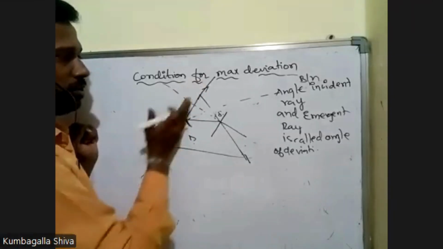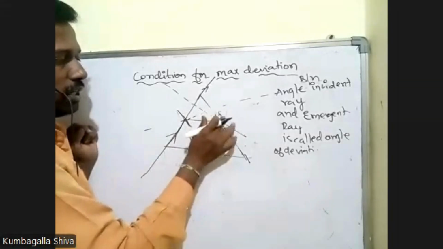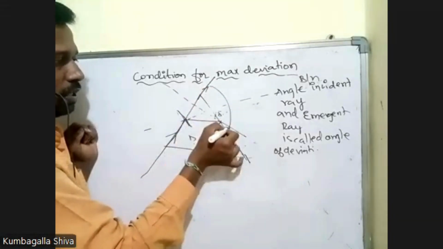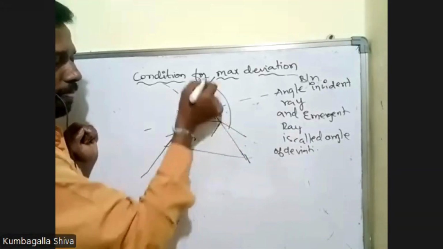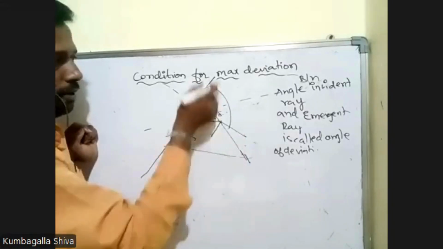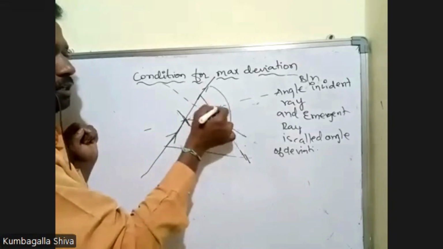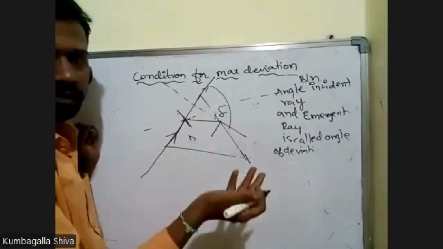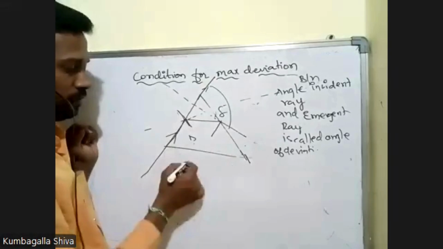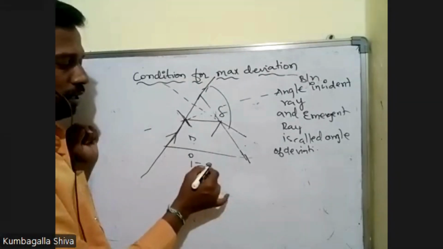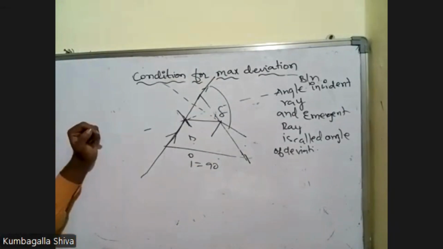When it is incident normally, the change between the emergent ray and the incident ray is maximum. After this, you cannot have a larger I. That means I should be equal to 90 degrees.